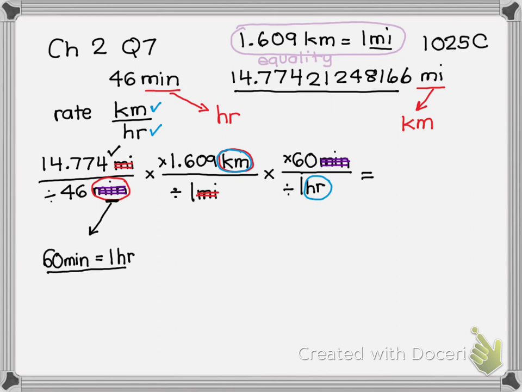So I just go from conversion factor to conversion factor, entering it in. And my answer is, I'm going to write it here because it's long, 31.0065755. The units are kilometers per hour.